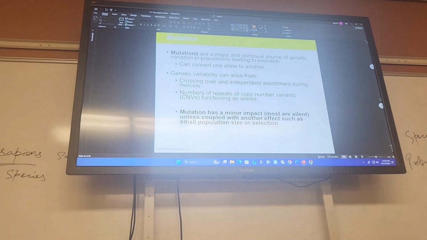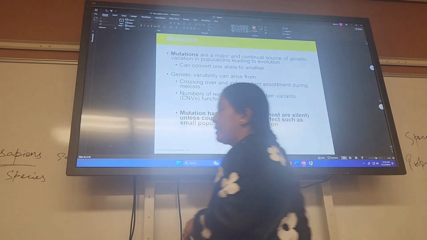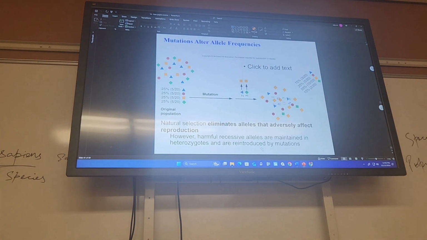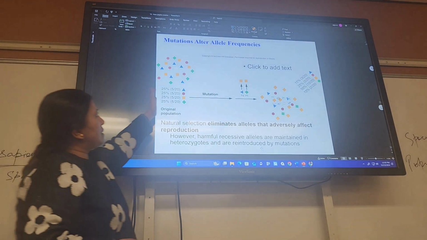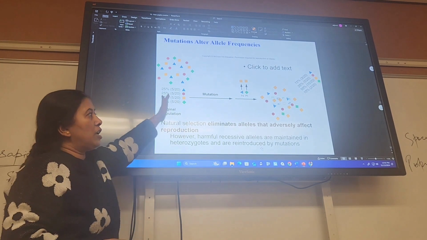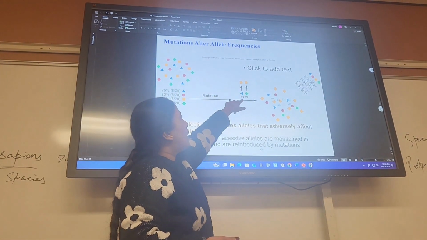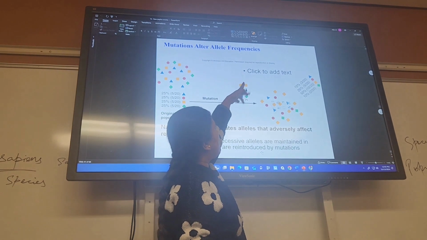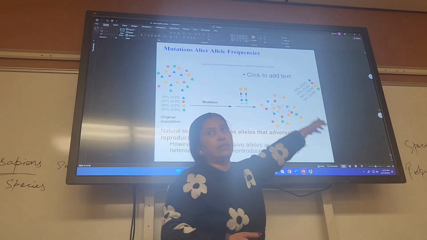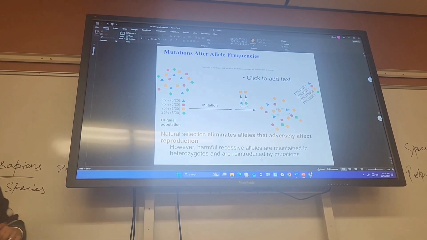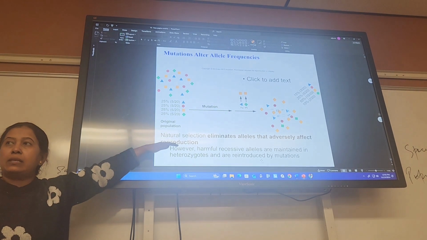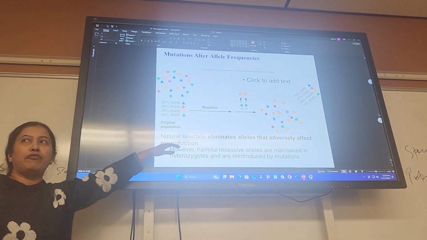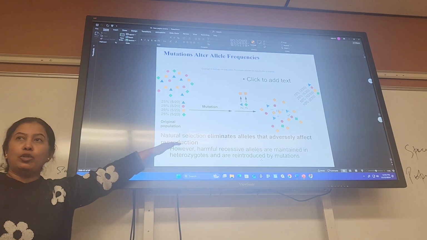Mutations can be good, mutations can be bad, most mutations can have no effect, neutral mutations, and they need another factor to help them. For example, you see here again, from original population, mutation occurred, the blue triangle has become yellow square, the green diamond has become yellow square. So now look at the change in the gene pool. So mutations coupled with natural selection are the most important driving force behind evolution.